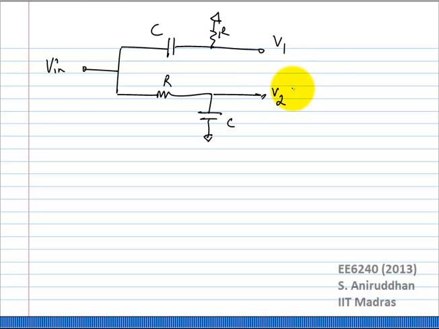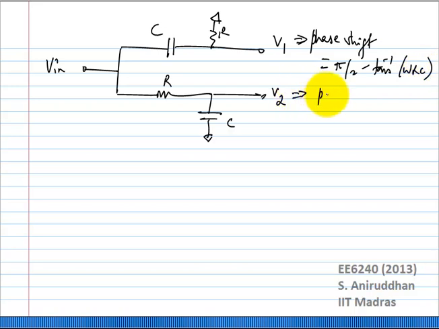On V1, the phase shift is pi by 2 minus tan inverse omega RC. On V2, the phase shift is just minus tan inverse omega RC. Now if I choose the RC values correctly, what can I get?